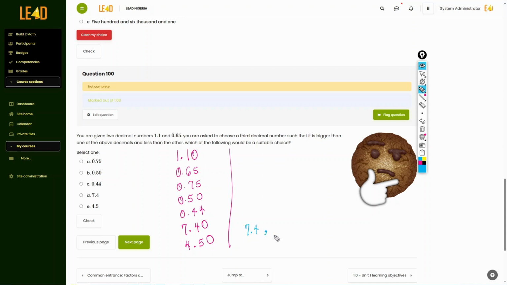Then 4.5 because that looks like 450. Next 1.1 because that looks like 110. Next the one that looks like 75, so that's 0.75.